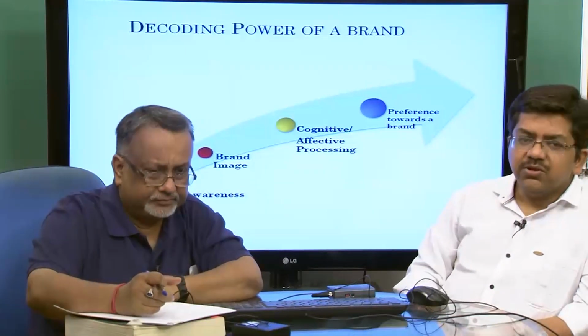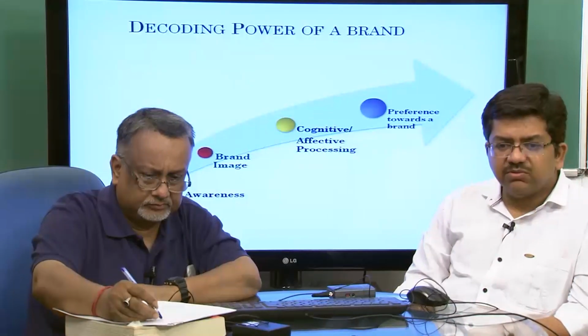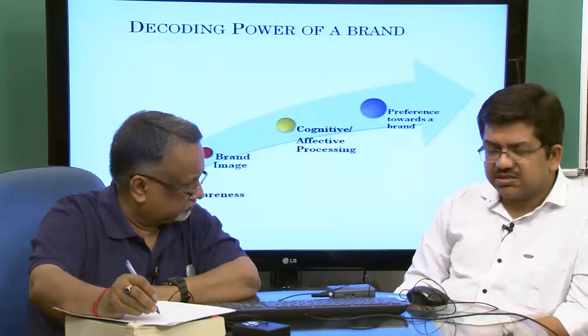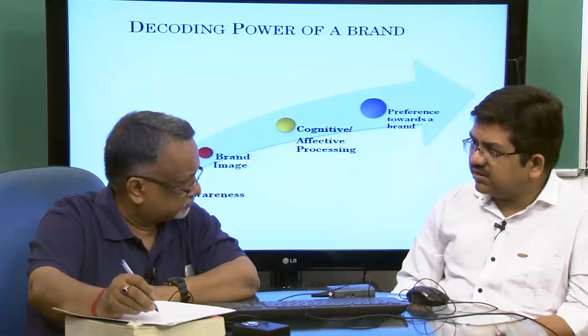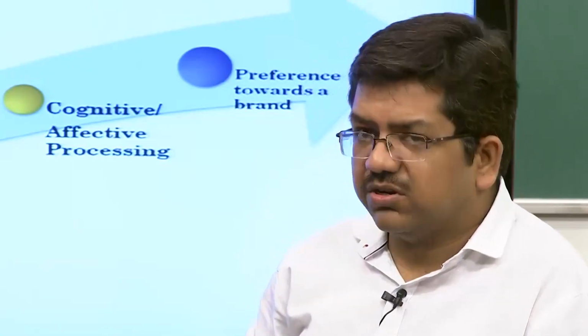So, when we were discussing brands, we talked about how a brand is an intangible asset to an organization, and I talked about different valuations of the brand, that certain brands in the world are worth billions of dollars for an organization.